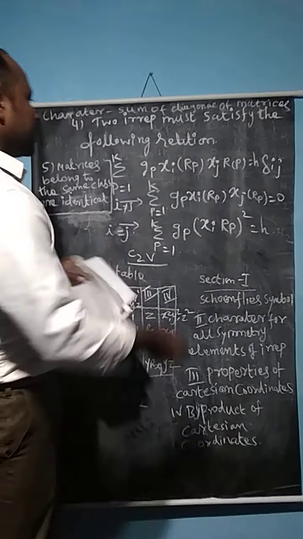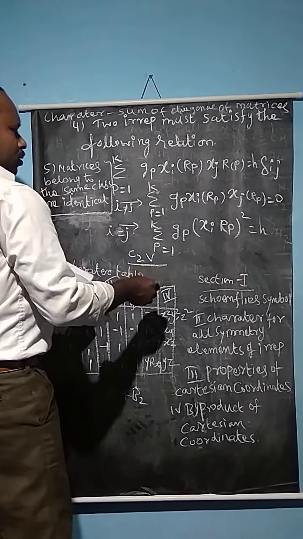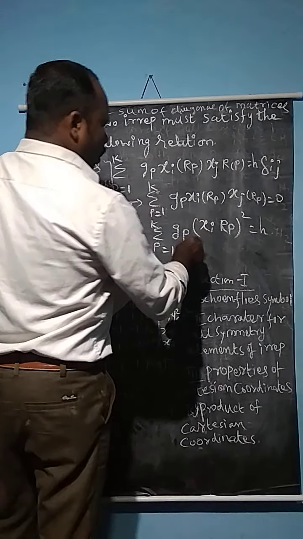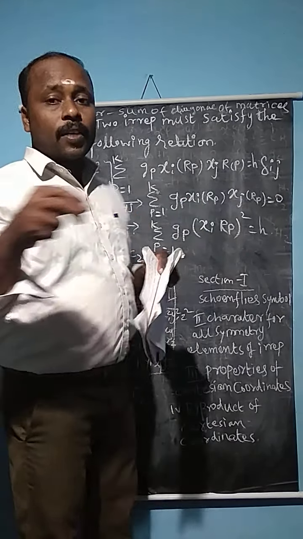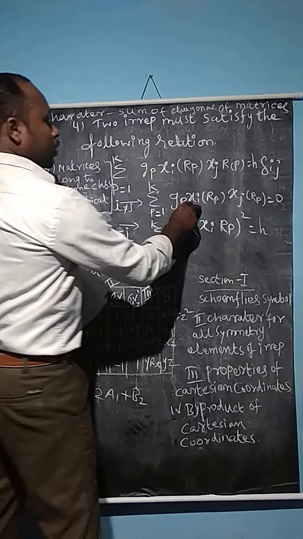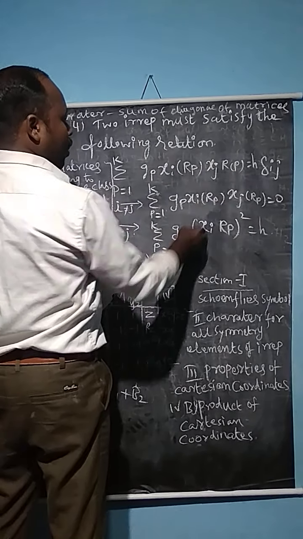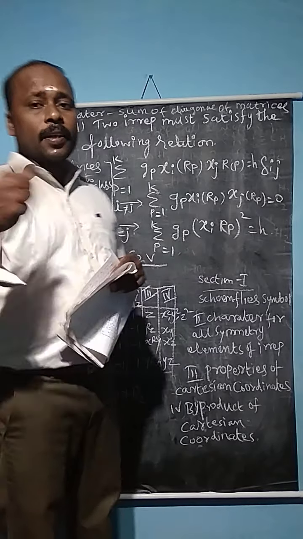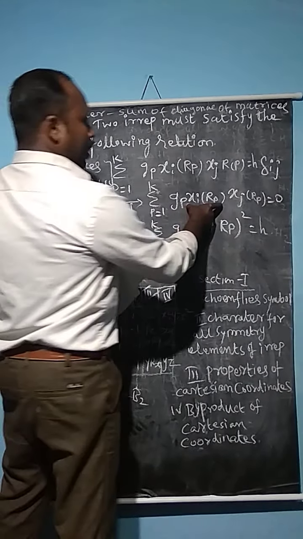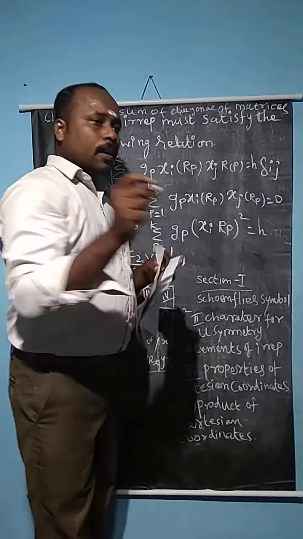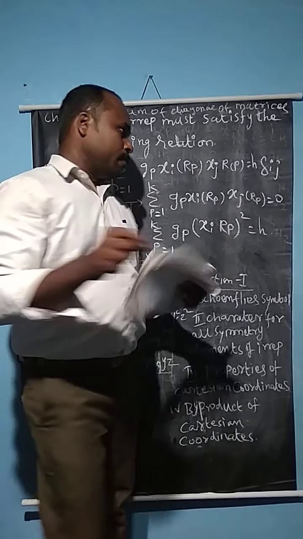In the fourth point, we need some calculation here. Now we are not going to write the calculation because it takes a very long time. So for 2 irreducible representations, if you multiply and cross the product, omitting the z-axis, you consider any 2 Cartesian coordinates, that is the x and y value.